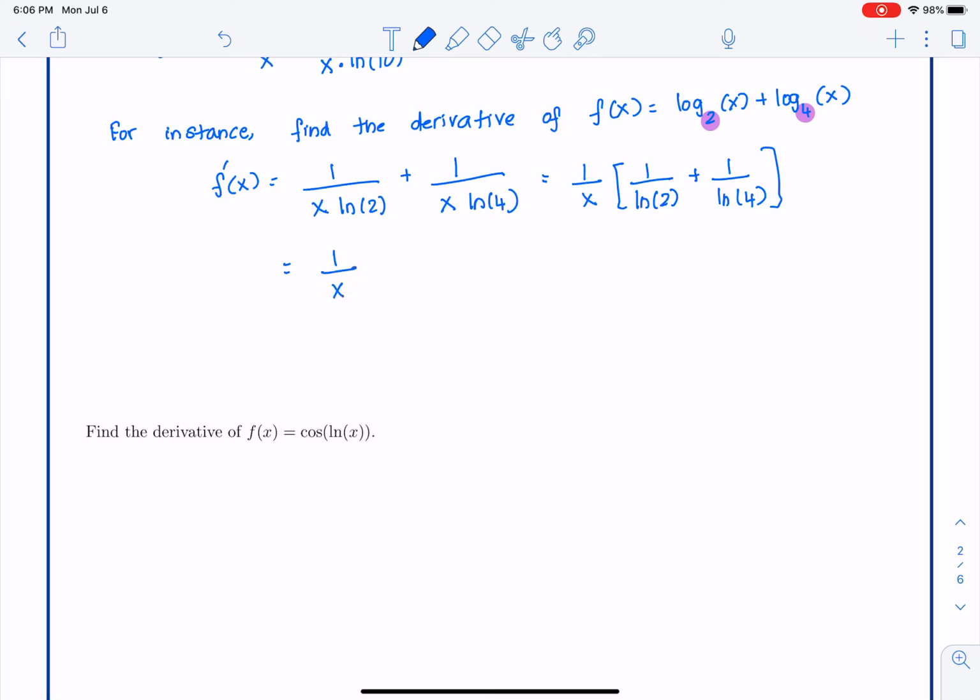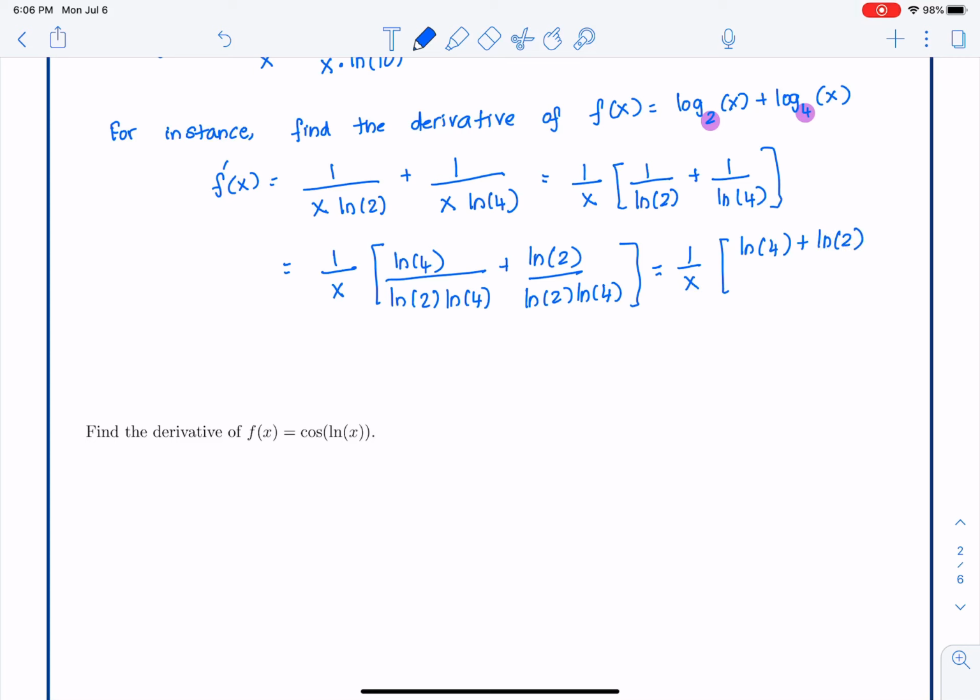So I am going to take a common denominator, which is ln of 2 times ln of 4, multiply and divide by ln of 4 for the first term, multiply and divide by ln of 2, I have a common denominator, so I can combine the numerators.